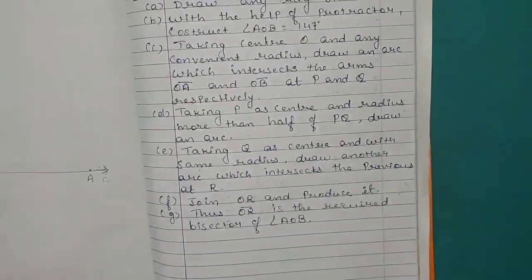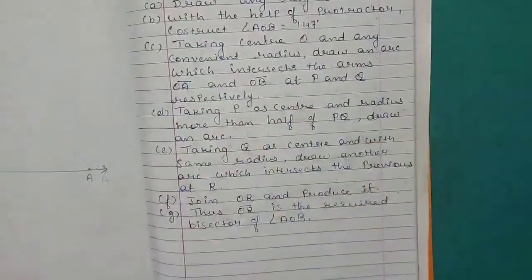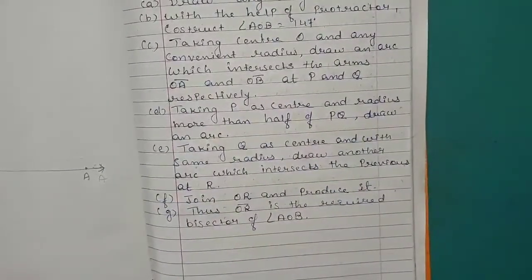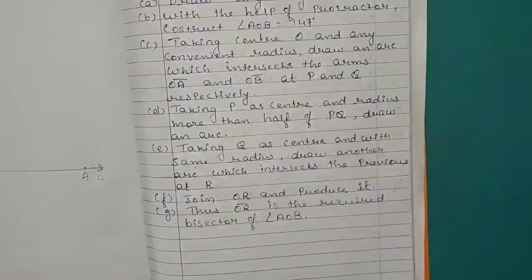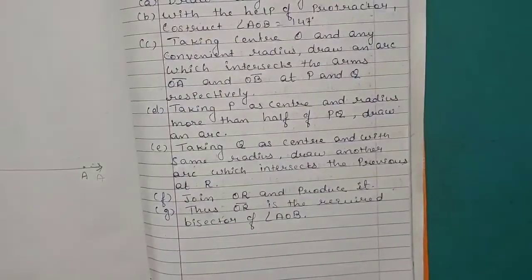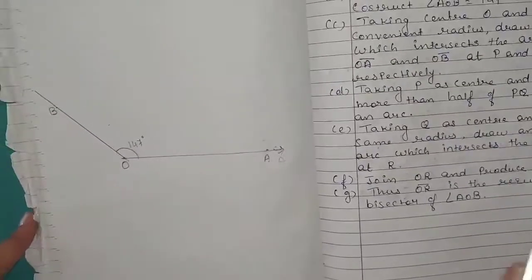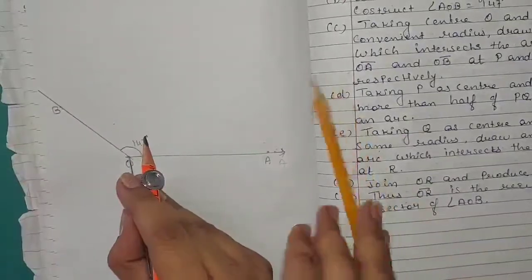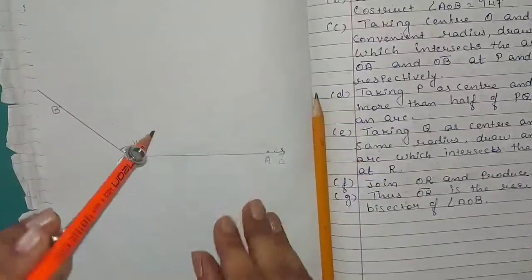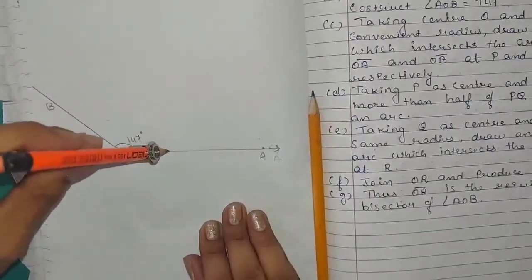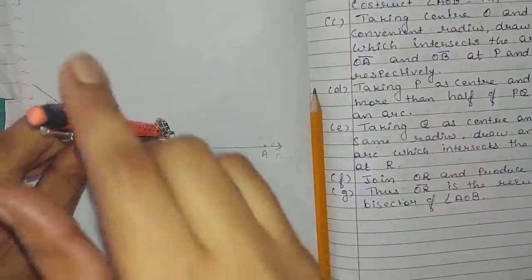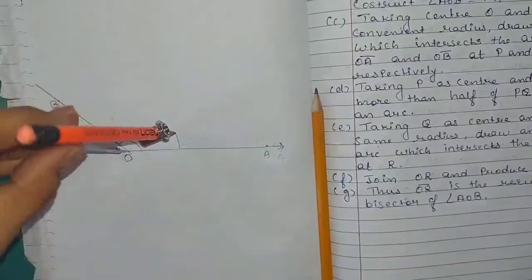Now let us see the next step. Taking center O and any convenient radius, draw an arc which intersects the arms OA and OB at P and Q respectively. So here we have to take center as O. Let us take any convenient radius and draw an arc such that it cuts the arms OA and OB.